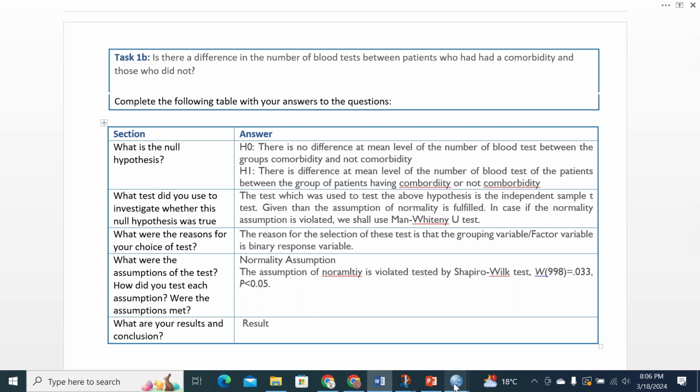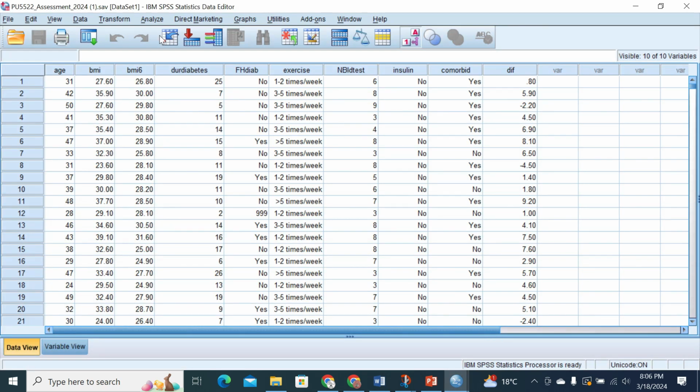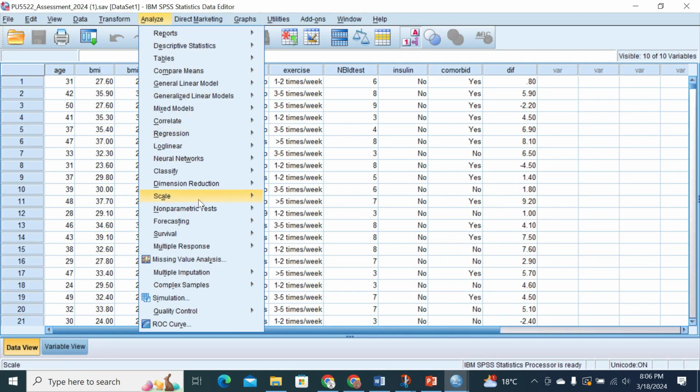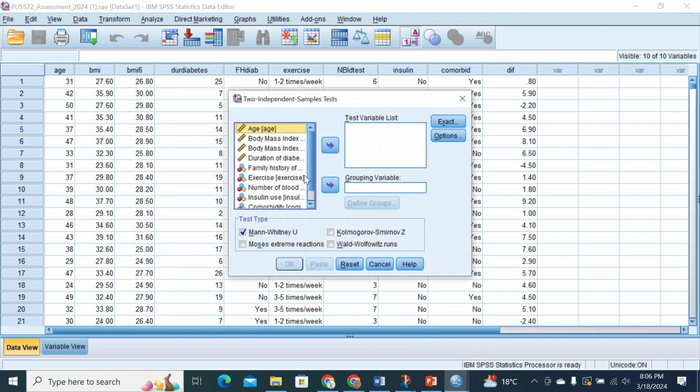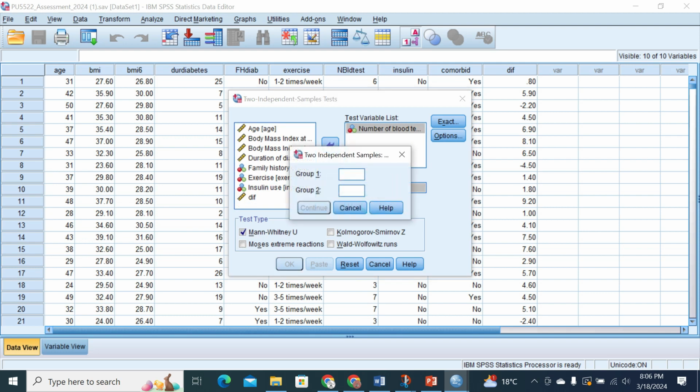For the Mann-Whitney test, again go to SPSS: Analyze, Nonparametric Tests, Legacy Dialogs, Two Independent Samples, Mann-Whitney. Select the number of blood tests, and the grouping variable comorbidity as 0 and 1. From where do we get this 0 and 1?